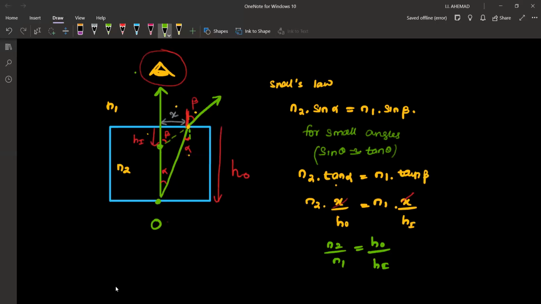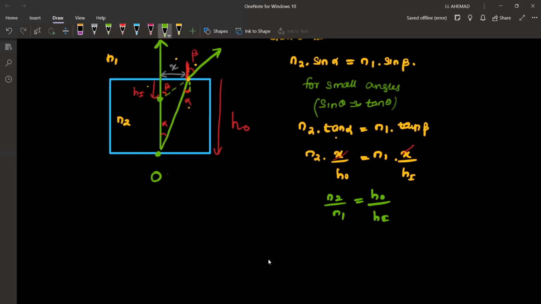So we can write this one as n2 respective to n1, that is equal h0 over hi.